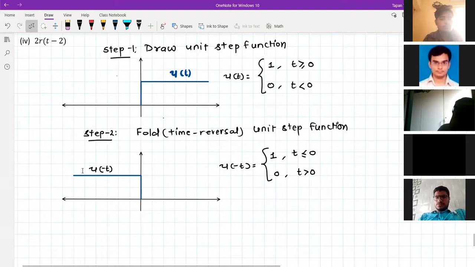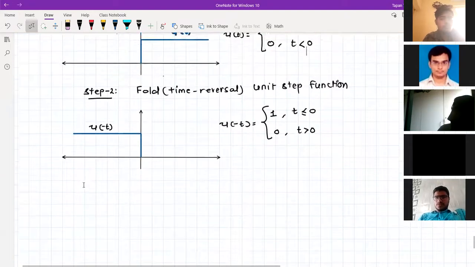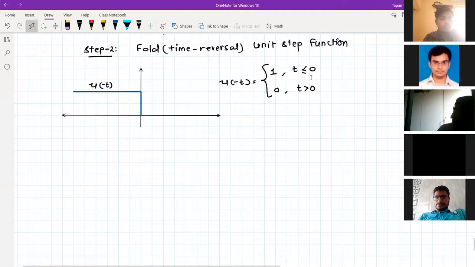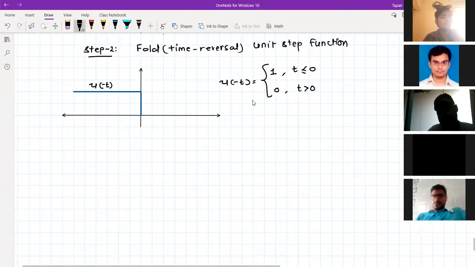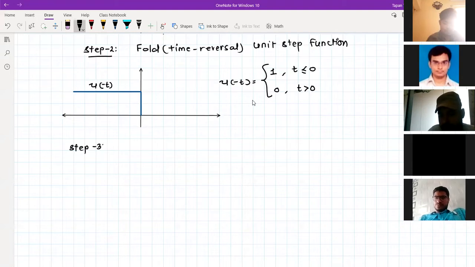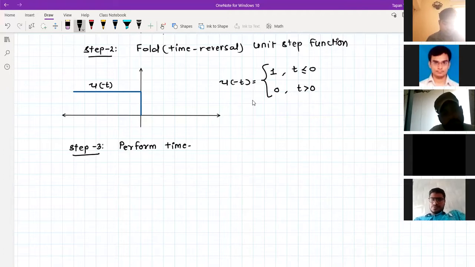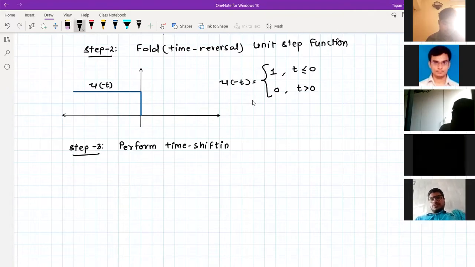Okay, now the second. Now you add 2 in time here. It means that step 3, perform time shifting of the folded signal.